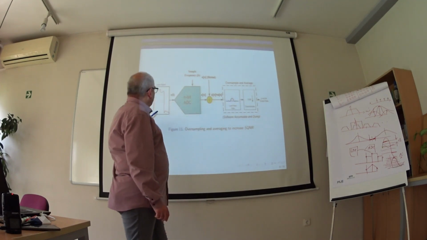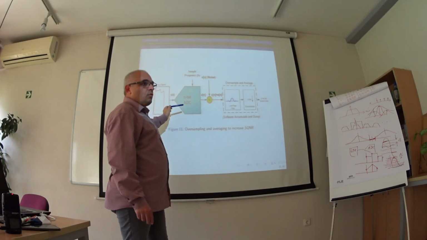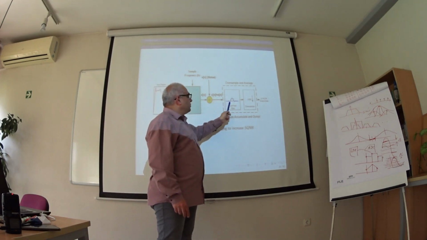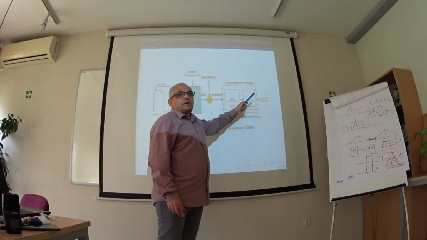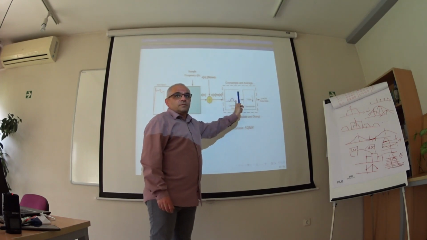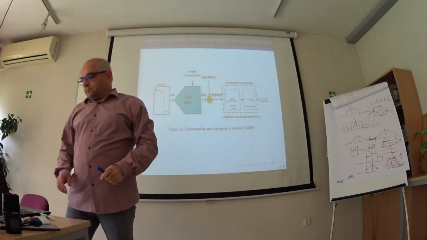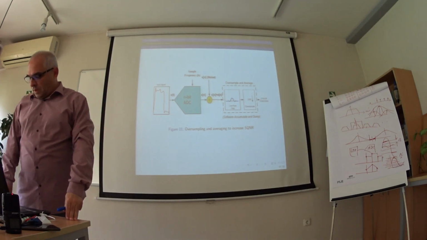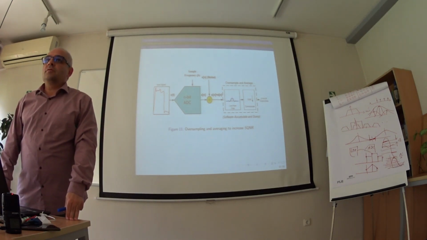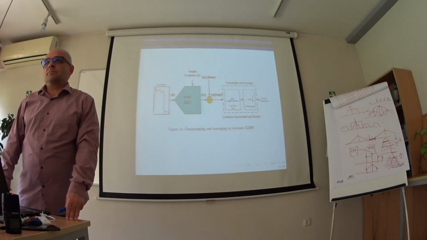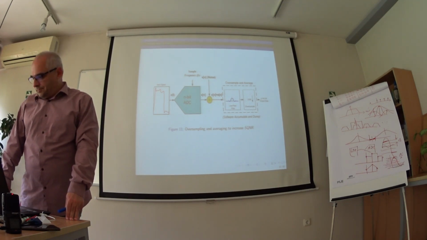So we have here high speed and low resolution. After that, we have low speed with higher resolution. Just averaging is not the best low pass filter, as we can see, but it still works.